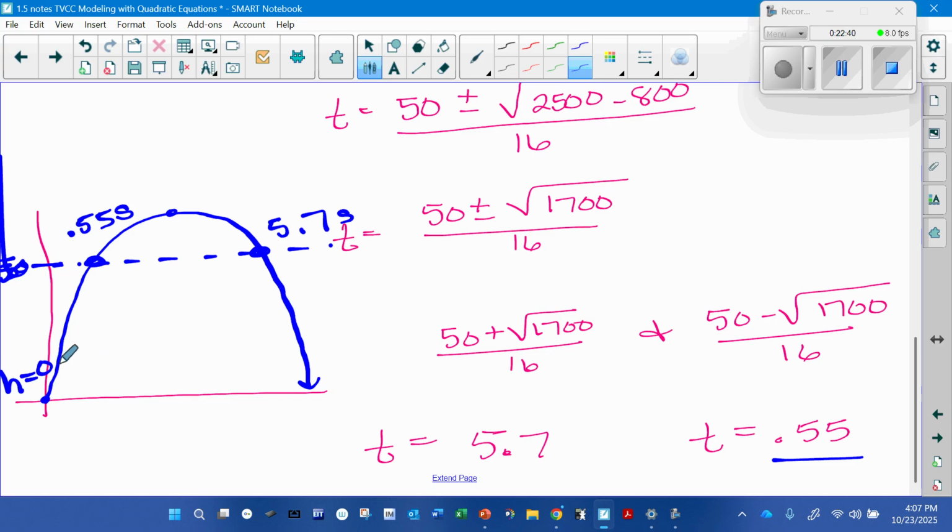And if I shoot it in the air and it comes back down, how long till the height is 0 again? So how much time has passed? So now we're going to solve for time again, but this time, instead of our height being 50, our height is going to be 0.